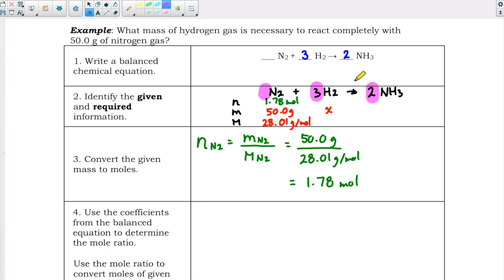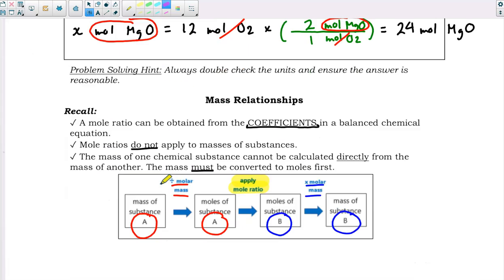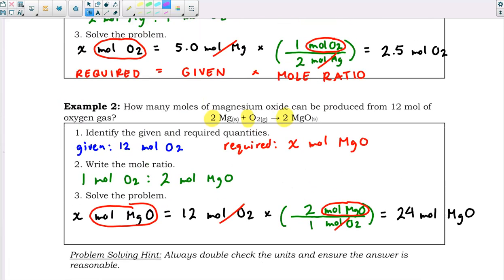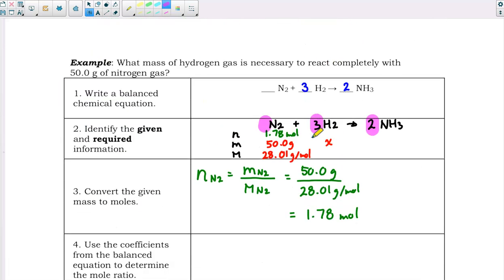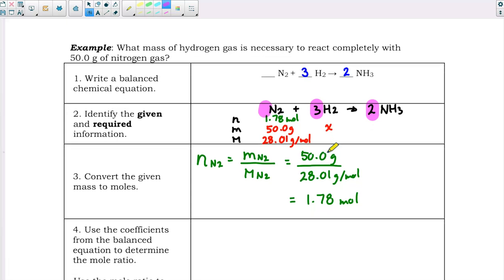It is finding these molar ratios. We do not use these coefficients to calculate the molar mass. So what we're interested in here is the molar mass of H2. Since there's 2 hydrogen, we do 2 multiplied by 1.01, and you're going to get 2.02 grams per mole.